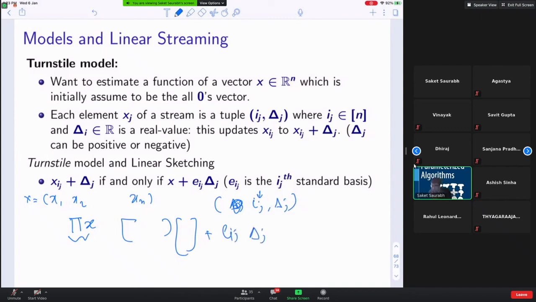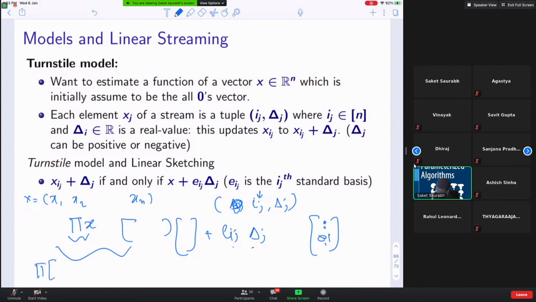So basically, to this vector, what am I adding? I'm adding to the ijth coordinate the update delta j. So you multiply with this standard basis vector where the ijth entry is 1 and 0 otherwise. So if you take delta j, then you are going to add them up. But now the question is, how are you going to achieve this?